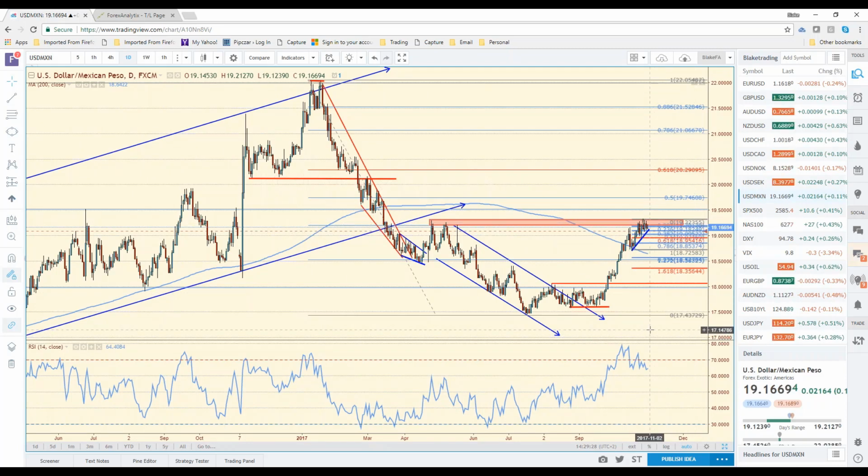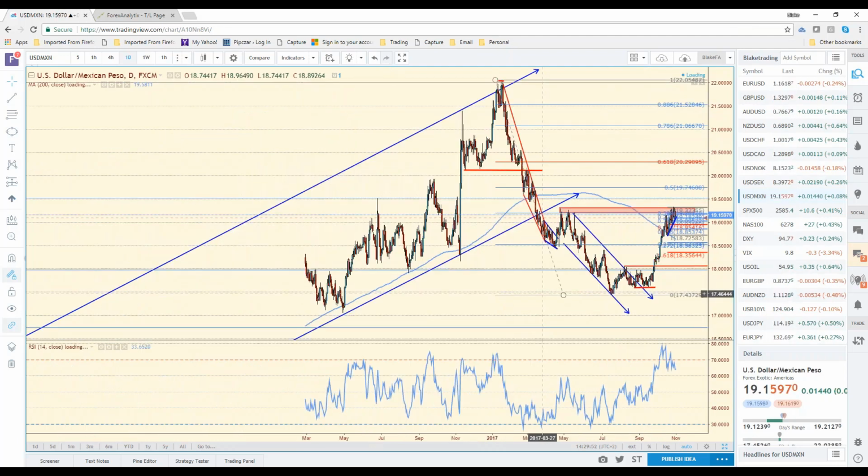The Mexican central bank, Banxico, whatever, I believe their intervention efforts are right here. So the longer the US dollar Mexican peso does not push above the 1930 level, the more at risk it is to falling and starting back in this downtrend.